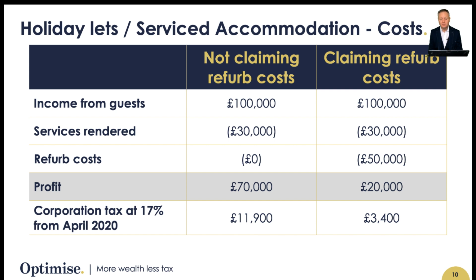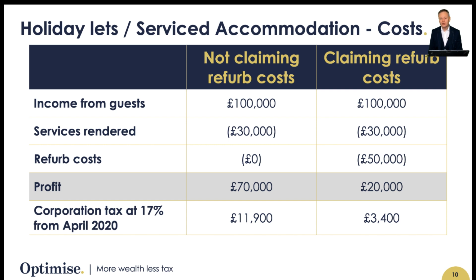You may not be claiming it because your accountant hasn't viewed these as like-for-like replacements and put them on your capital balance sheet, incorrectly, by the way. So we're going to look at if you allocated these costs correctly using the like-for-like replacement, repair, renewals concept, and £50,000 of that is your refurb. Basically it will reduce your profits from £70,000 to £20,000.